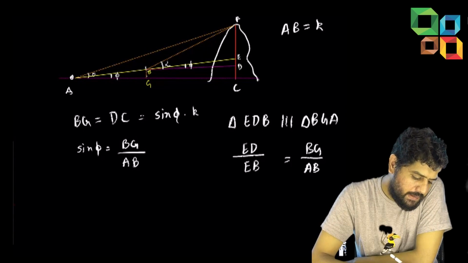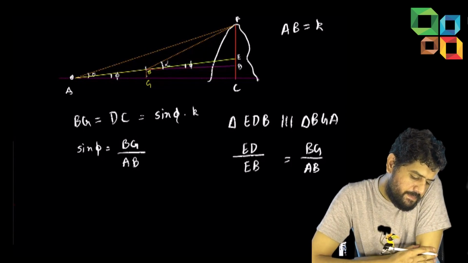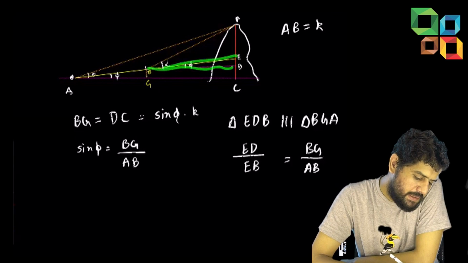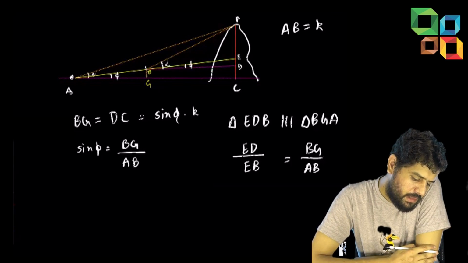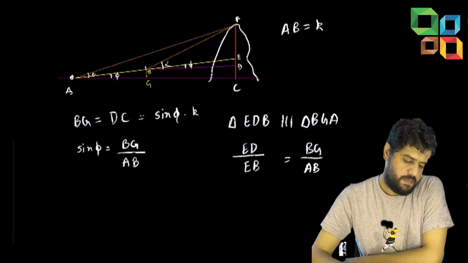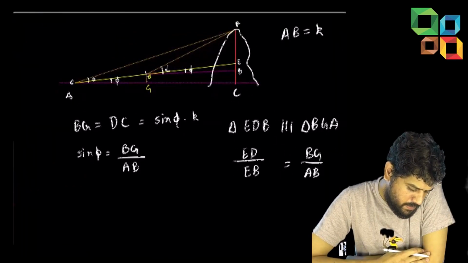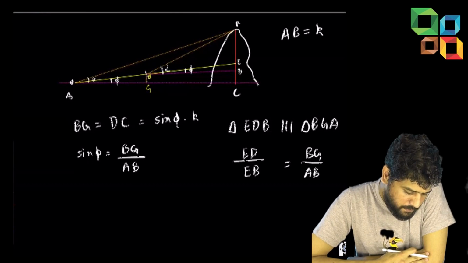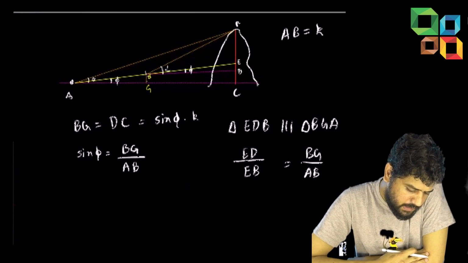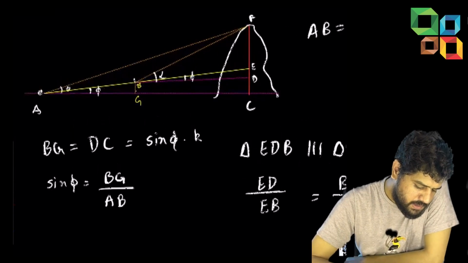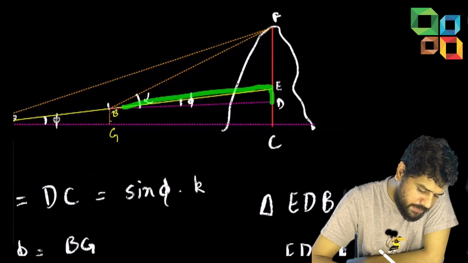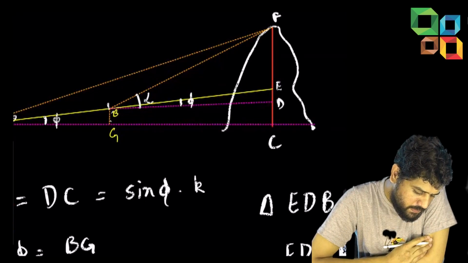We need at least one length in this. We don't have any of the lengths. Sir, sine of phi will be equal in both the triangles. Correct. So sine phi is this by this, no, that will be the same thing. Same ratio.